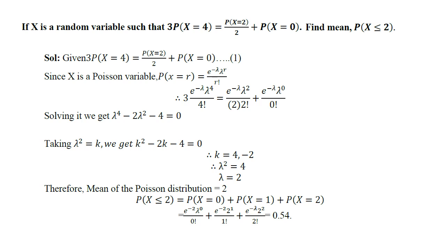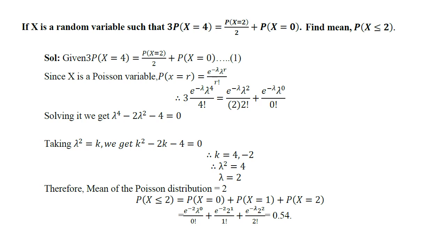When we apply the value of x in the formula, we get an equation λ^4 - 2λ^2 - 4 equal to 0. By simplifying the equation, we get the value of λ to be 2. Therefore, the mean of the Poisson distribution is equal to 2, as I said before, λ denotes the mean of the distribution.